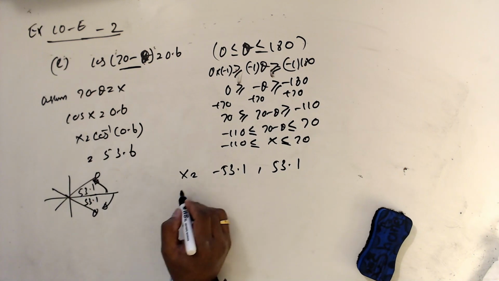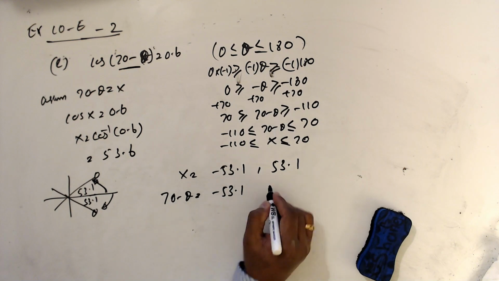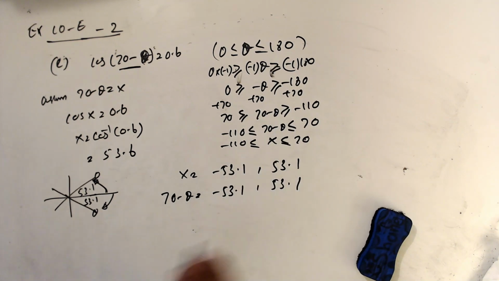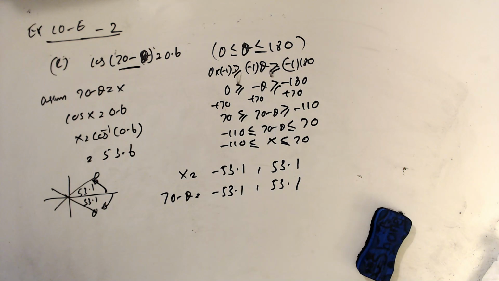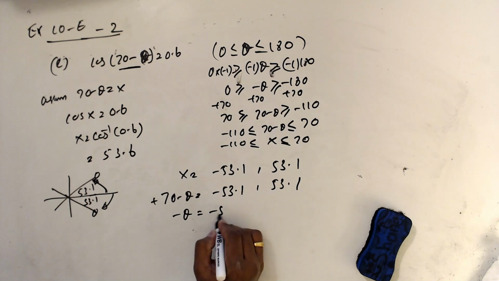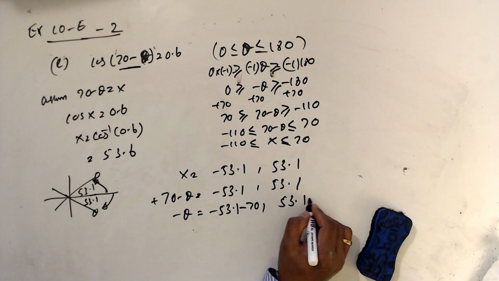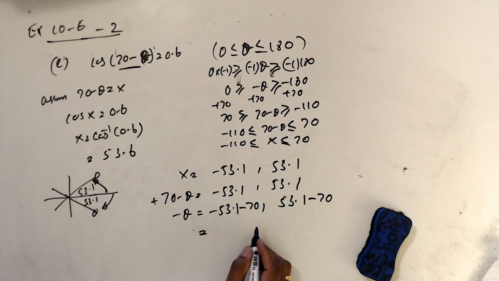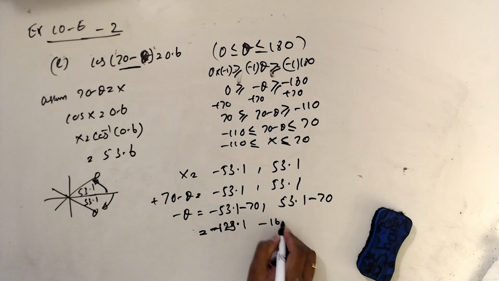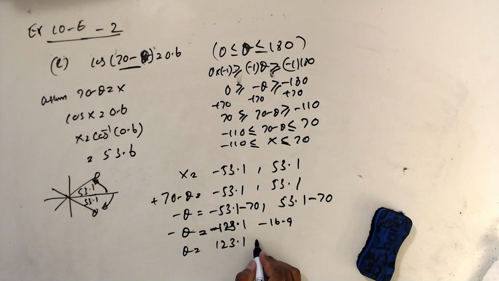We'll replace it now. 70 minus theta equals minus 53.1 and 53.1. I will reduce everything: minus 70, which gives minus 53.1 minus 70 and 53.1 minus 70, which is minus 123.1 and minus 16.9. Then multiply everything by minus 1.